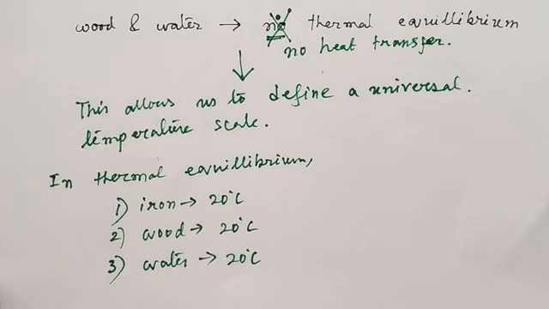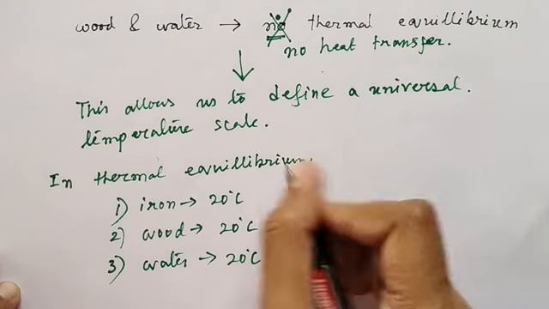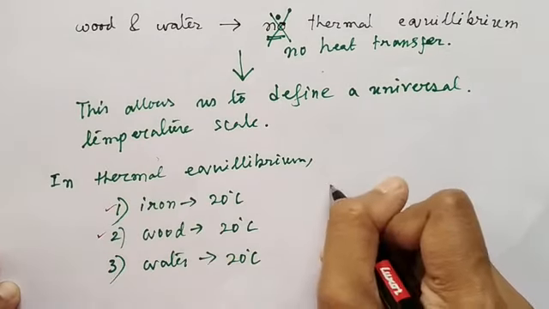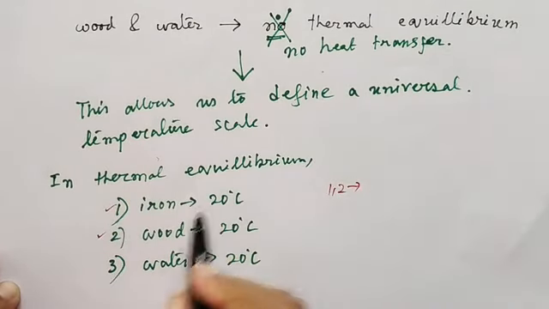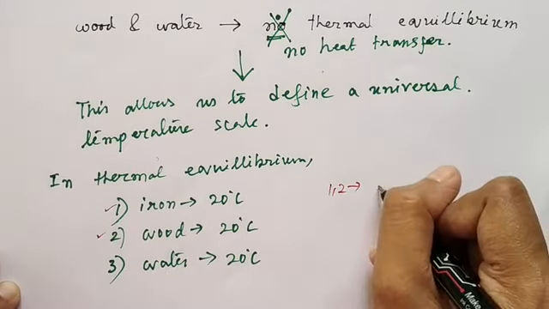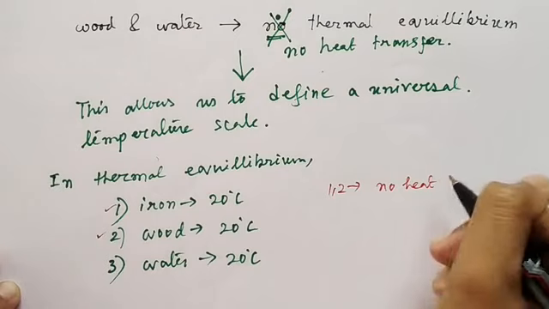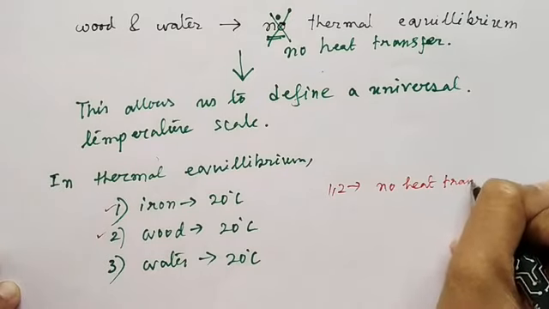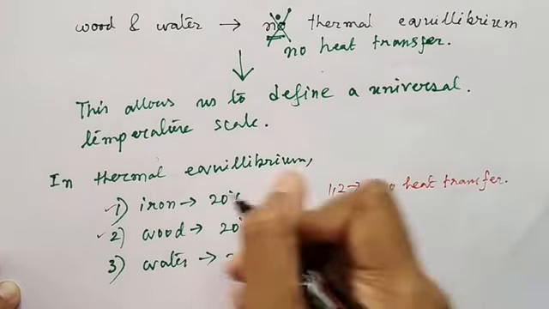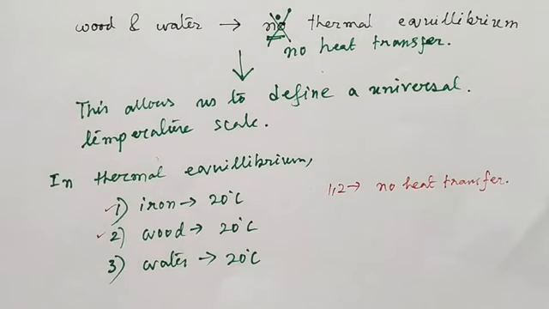Now suppose this was the case: if you put 1 and 2 in thermal contact, you see that there is no heat transfer, their temperature is the same. When you put iron and wood, you see that there is no heat transfer.